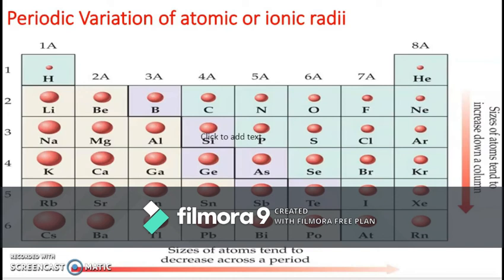As a result, we see that atomic and ionic radii go on increasing from top to bottom in a group.